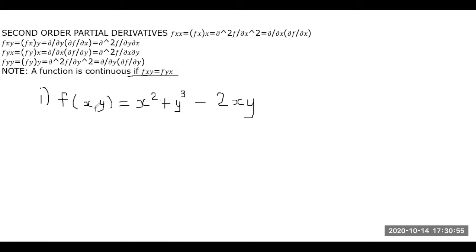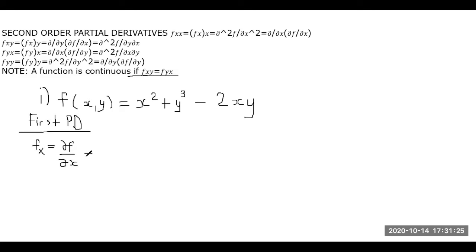Now, from this, we can find the first partial derivatives. The first partial derivatives of the function are given by fx, and fx is really equal to dou f by dou x. That's the first partial derivative.